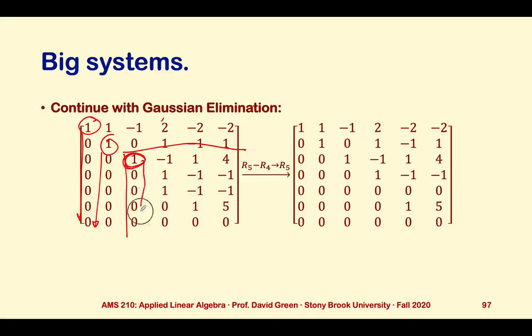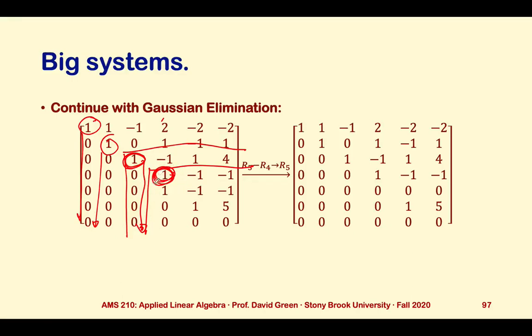We already have zeros all underneath. There is no work to be done to eliminate the entries below, and so we then shift down and to the right again, putting our attention at this position.